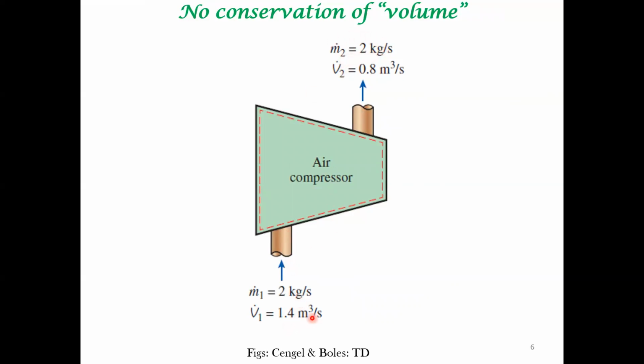However, the incoming volumetric flow rate is not the same as the outgoing volumetric flow rate, because the temperature here can be different from the temperature here, and the density can also be different. So there's no conservation of volume; however, there's conservation of mass.